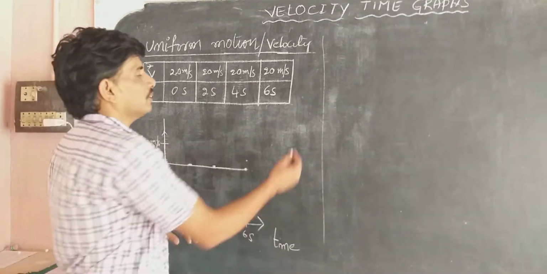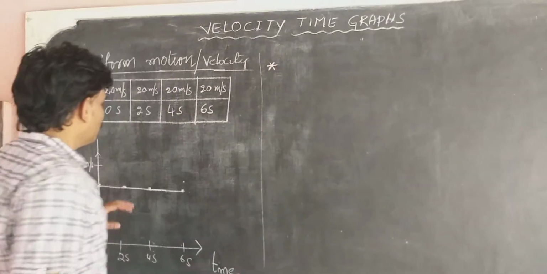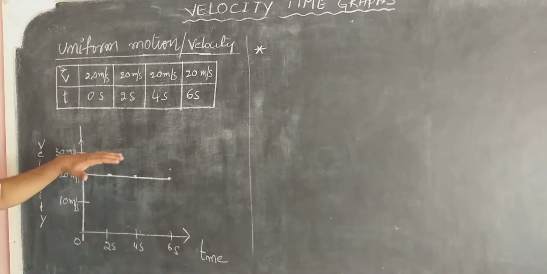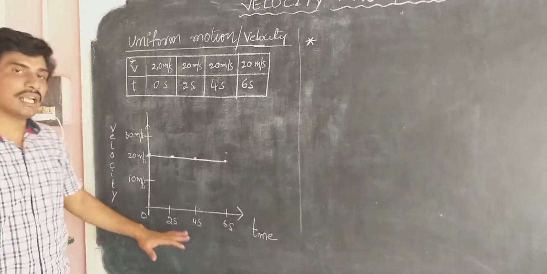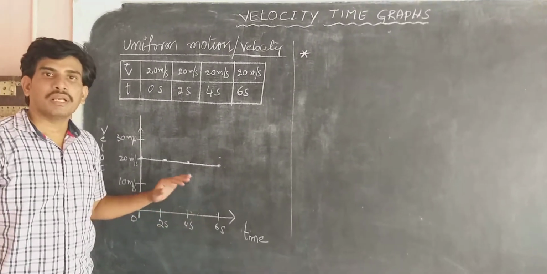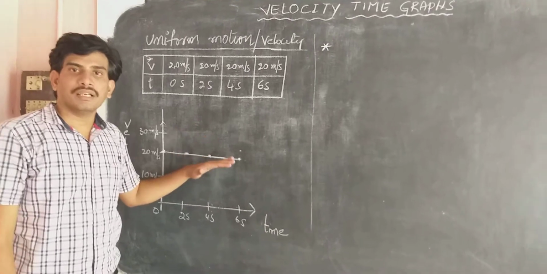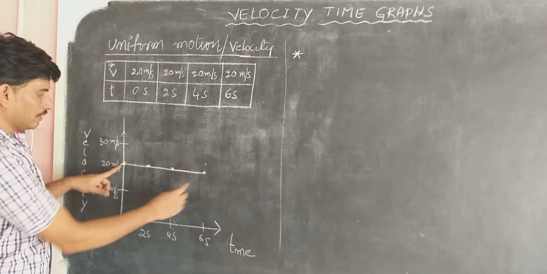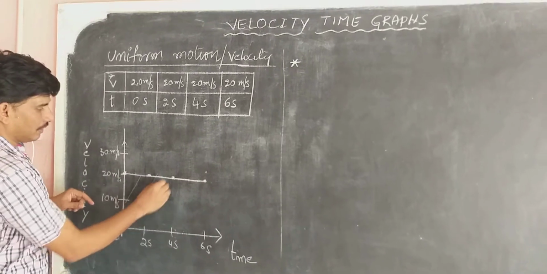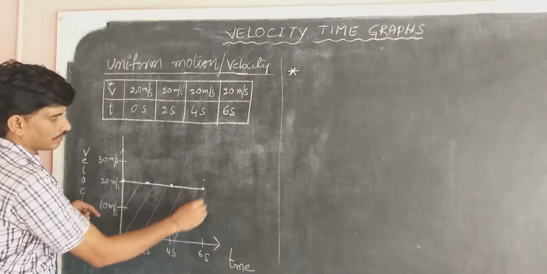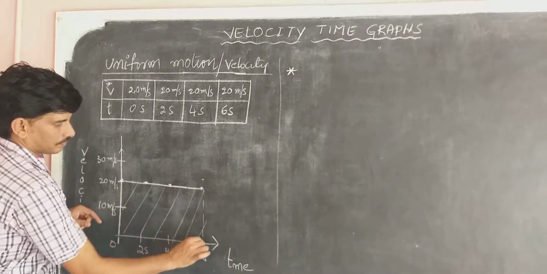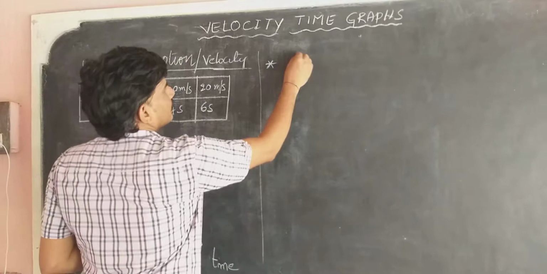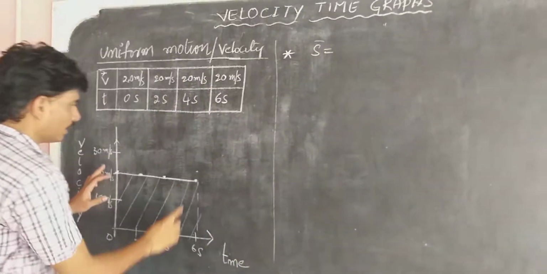Next, observe here how to get the displacement. As we discussed before, the distance or displacement from the velocity time graph you will get by observing the area under the graph. This is the area under the graph. It is obviously a rectangle shape. Then displacement is equal to, what is the shape here?